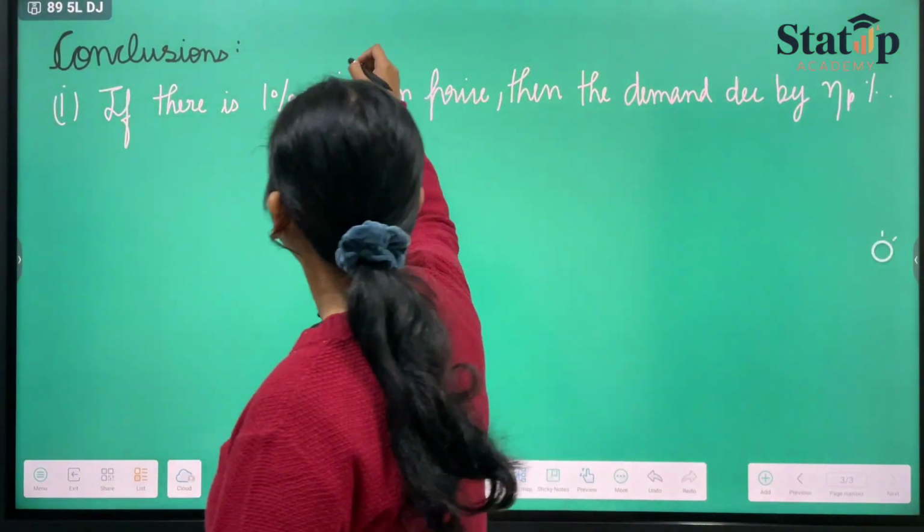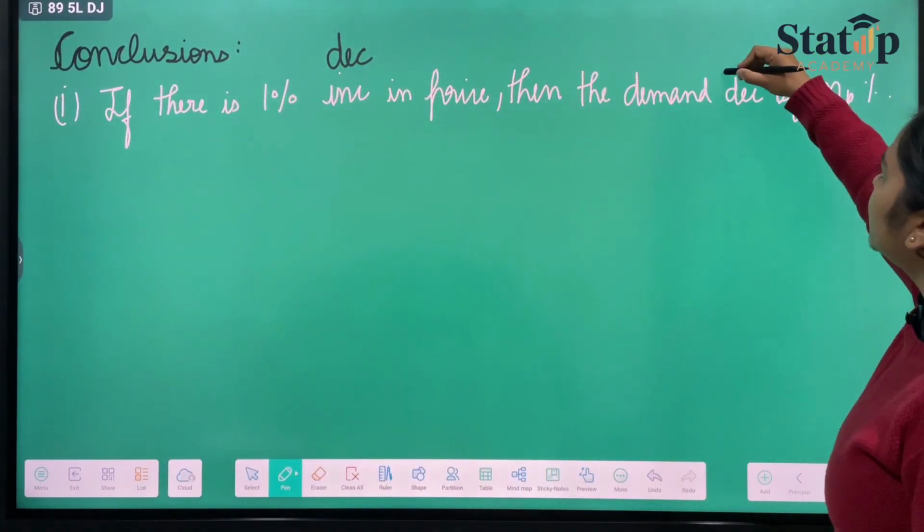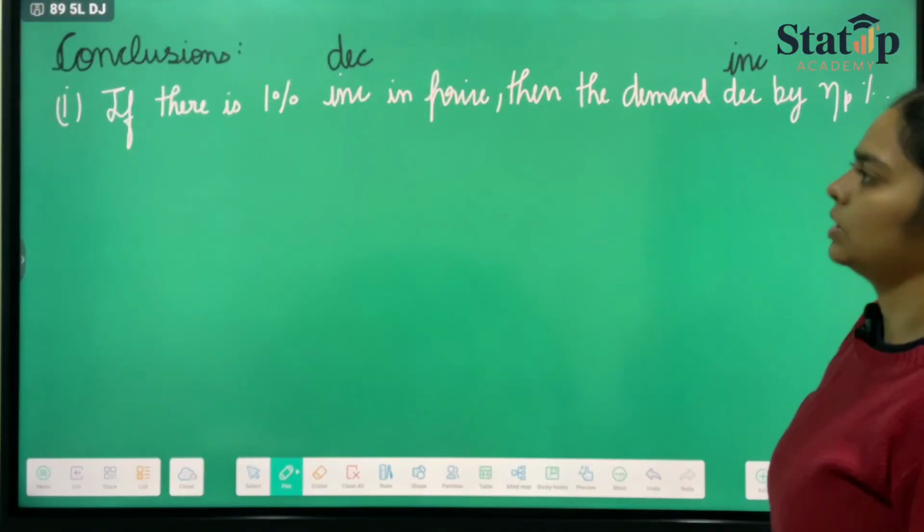And if there is a 1% decrease in price, then the demand will increase by eta p%.